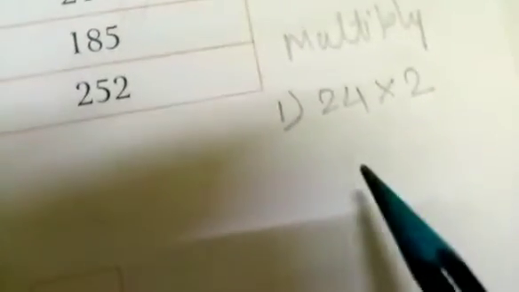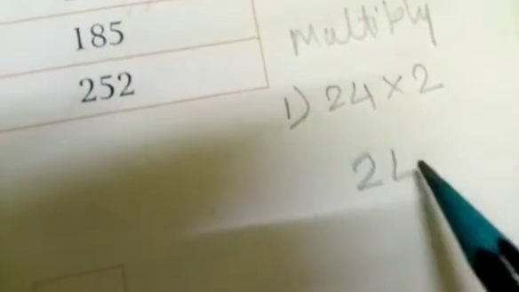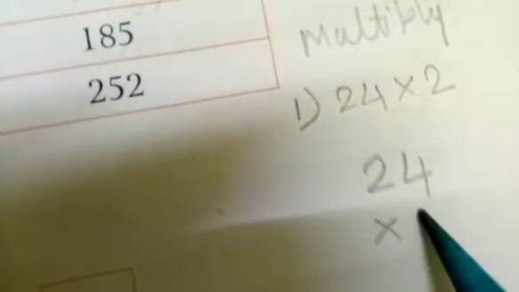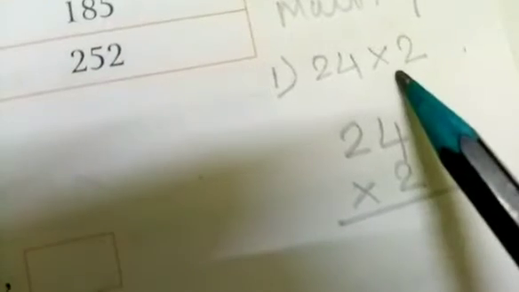Okay, suppose if your question is this, so what you are going to do? 24 multiply by 2. ठीक है, आपको उसको ऐसे अरेंज करना है वर्टिकली, है ना. वर्टिकली मीन्स खड़ा, हॉरिजॉन्टली मीन्स ऐसा. तो आपको क्वेश्चन ऐसे रहेंगे, आपको उसको ऐसे अरेंज करना है.